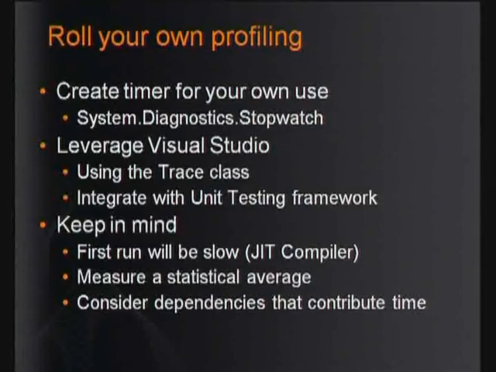Also consider dependencies. This goes back to my earlier statement that if you don't control the end-to-end response loop, then you could be impacted by factors outside your control. So if you have an asynchronous call somewhere in your pathway, that is going to contribute a nondeterministic length of time to the processing.